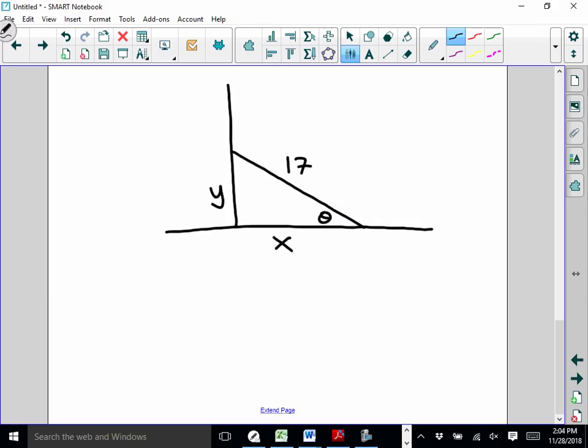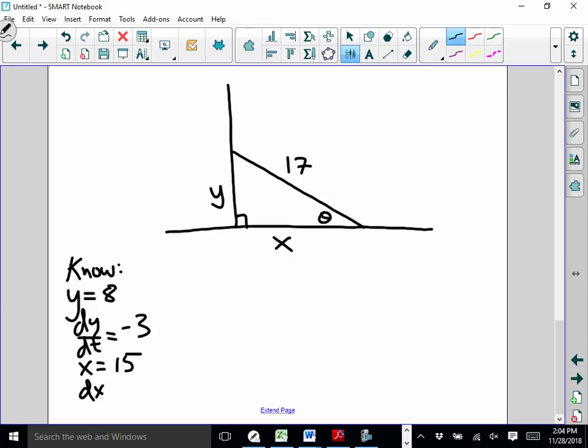Okay, so I'm going to write down everything I know. Well, I knew that y was 8. I knew that dy/dt was negative 3. I knew that x was 15. I just found that dx/dt was, what did I get? 8 fifths, I think?